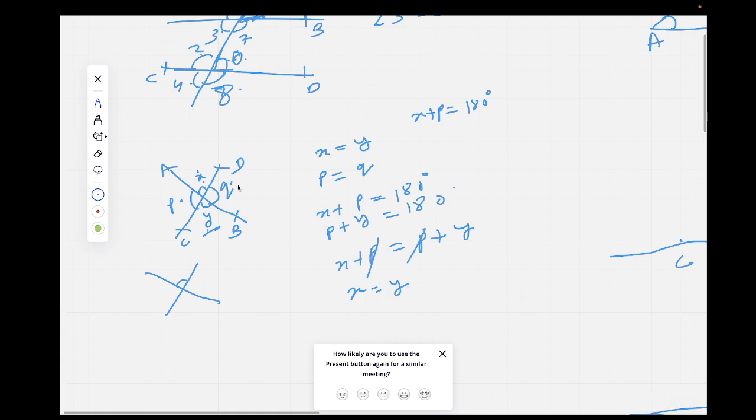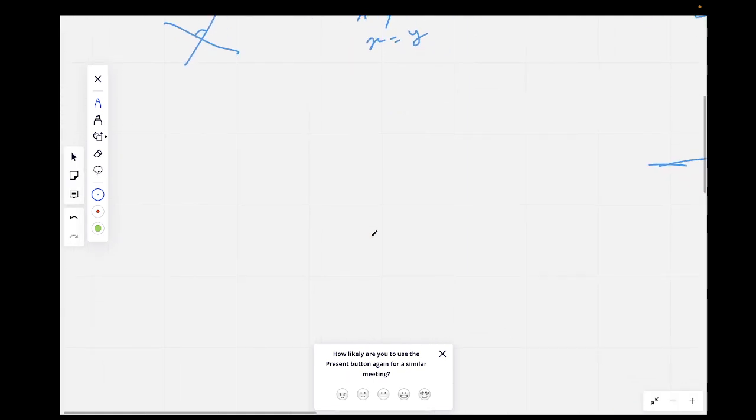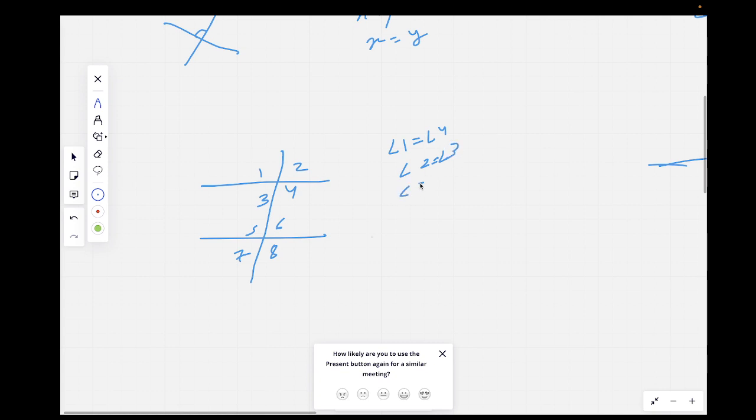So again, let's see in the case of a transversal what happens. So let's say there are two lines again. There are angles 1, 2, 4, 7. In this case, we can say angle 1 equals angle 4, angle 2 equals angle 3.